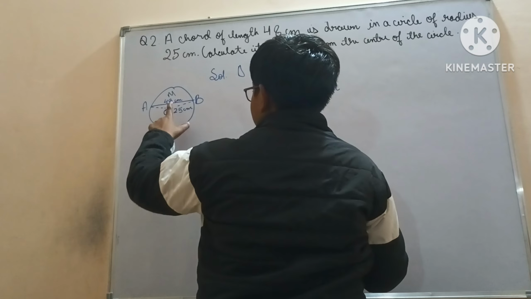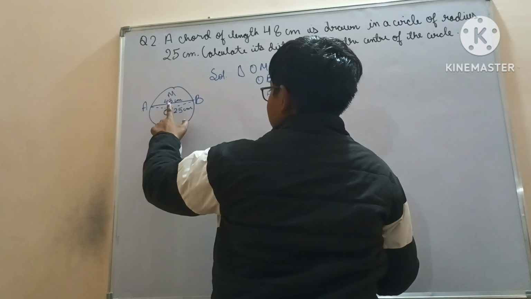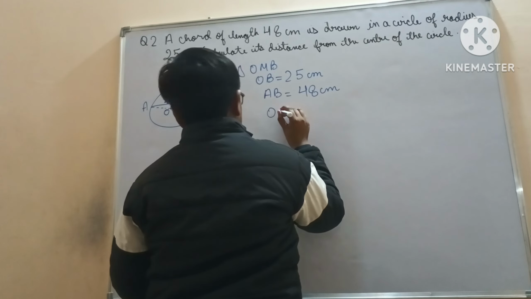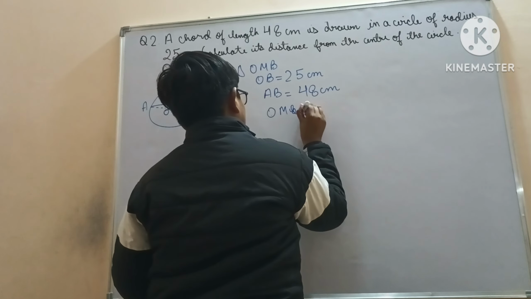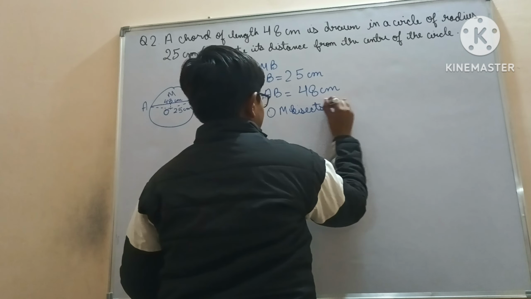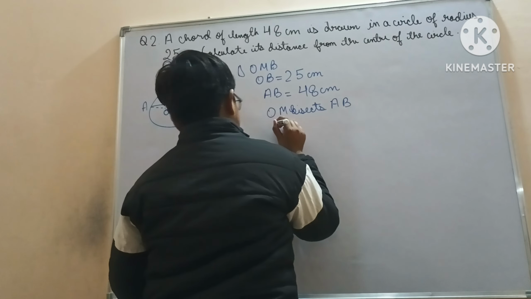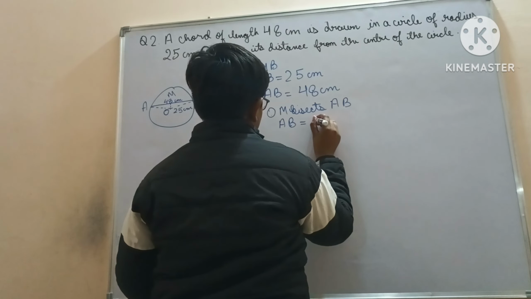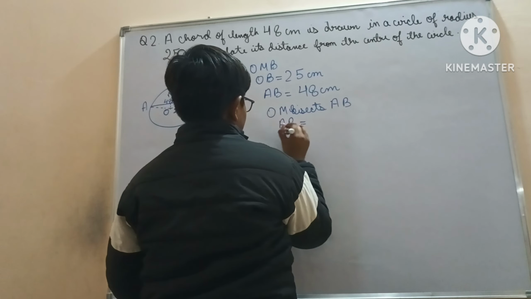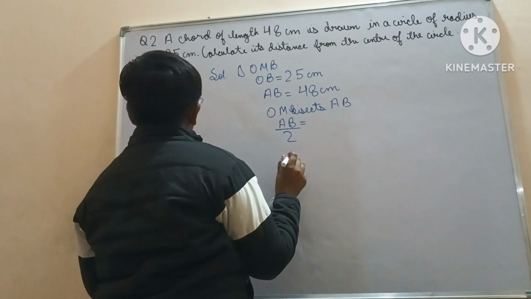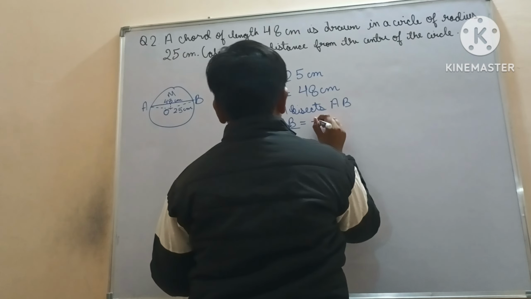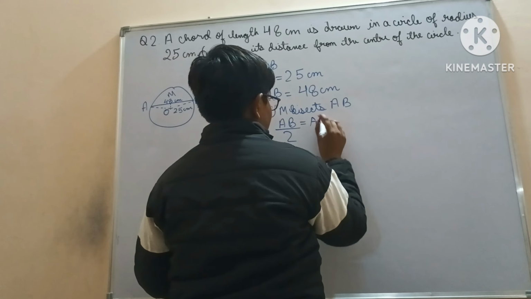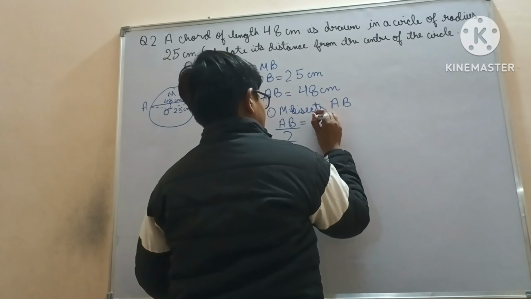As this line is dropping from the center to this chord, by theorem number 2, OM bisects AB. So it means that half of AB is equal to AM, or we can say that half of AB is equal to MB.